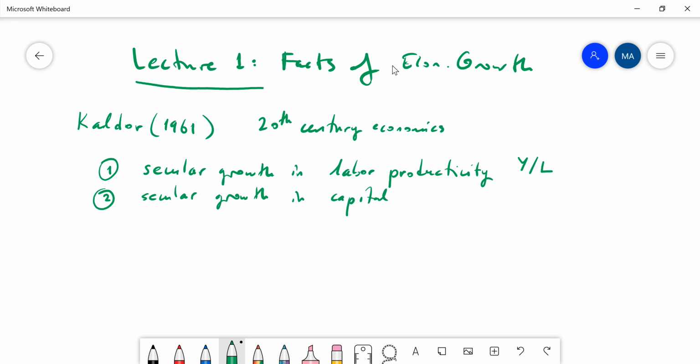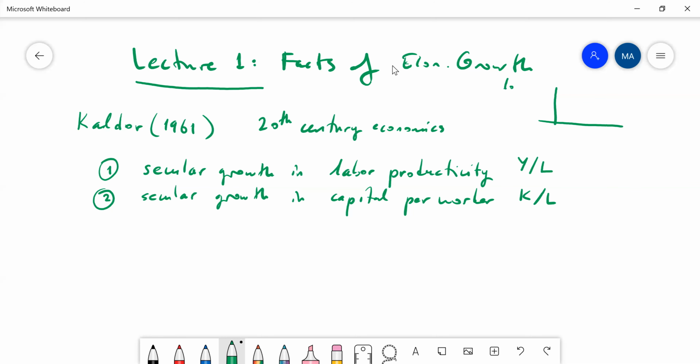Suppose that we can aggregate and measure the entire set of capital stock in a particular economy, and denote it by K. If you divide this number by total employment again, you find capital per worker. And in these developed economies in the first half of the 20th century, we observe some secular growth in the long run.